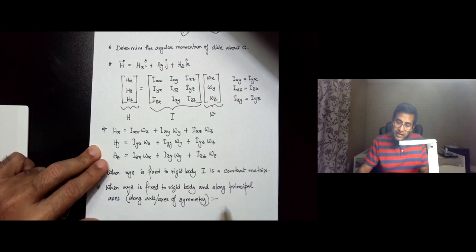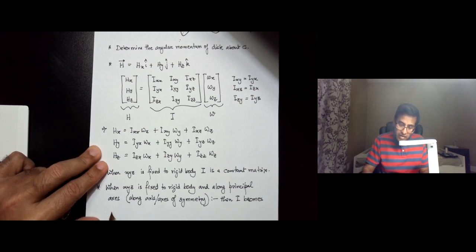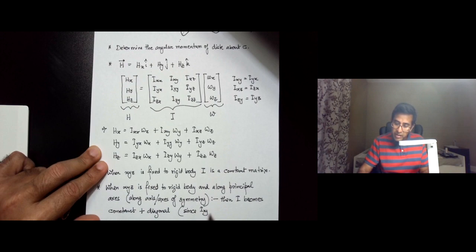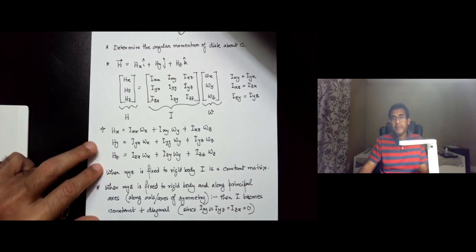If this is the case, then I becomes constant plus diagonal, since Ixy equals Iyz equals Izx becomes equal to 0.